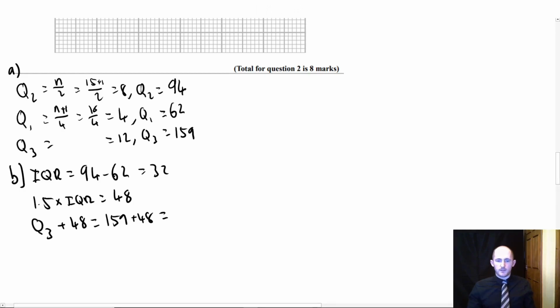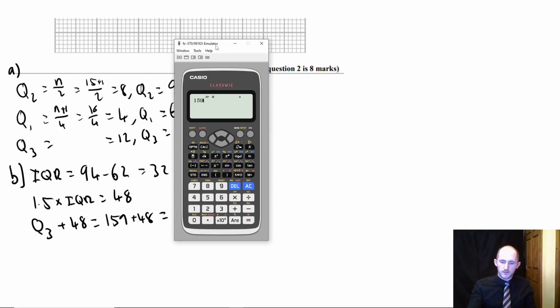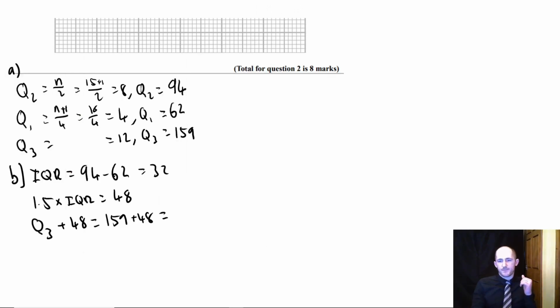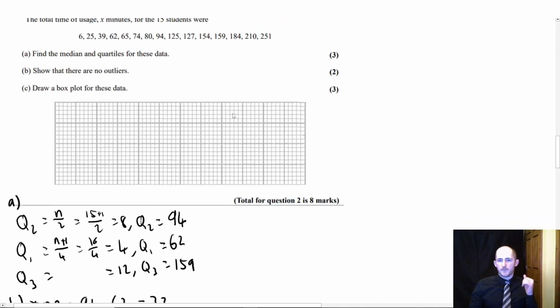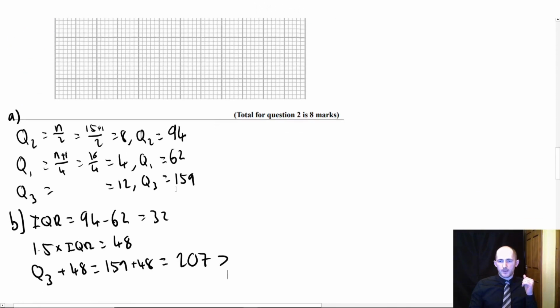And again, we can use calculators for this because, of course, it's a calculator exam. 159. Just to be a bit lazy, 207. So we're looking for anything that's above 207. If we have a look, above the upper quartile. Yep, that should be fine.